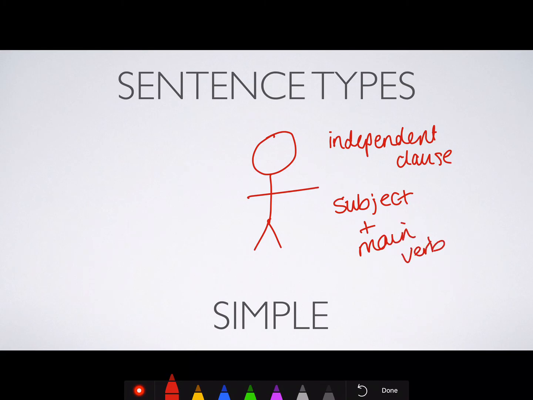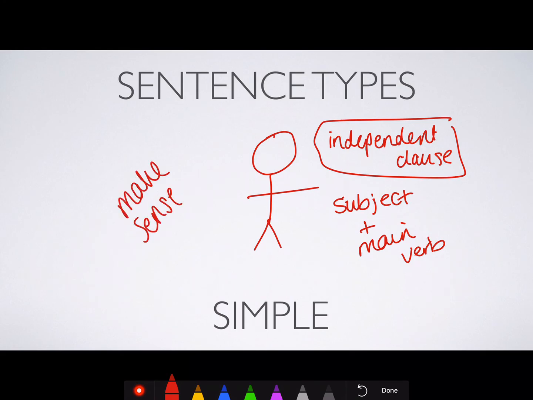The subject is the thing that's doing something, and the main verb is what it's doing. Lots of phrases can have a subject and a main verb, but they don't make sense by themselves, and that's where this bit comes in. It has to make sense by itself, independently. And that's how you know that you have a simple sentence.